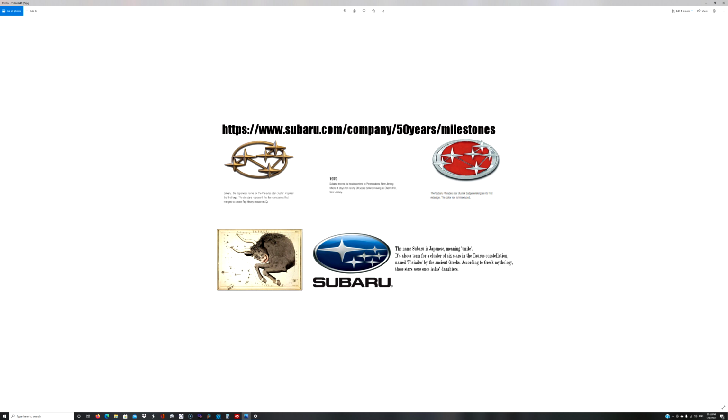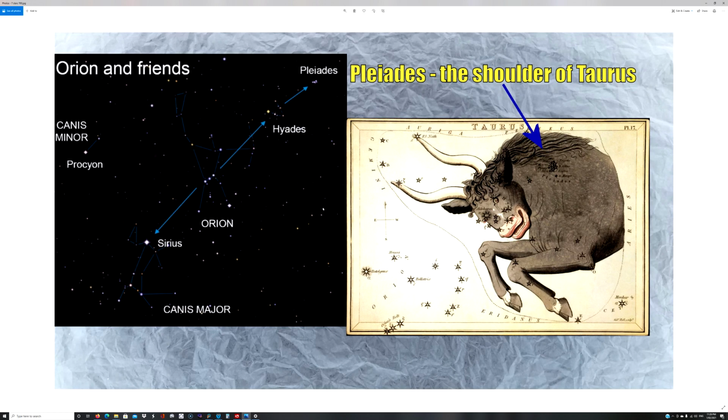The 6 stars represent the companies that merged together to create Fuji Heavy Industries. So even the Subaru symbol, a Japanese term meaning also unite, is the Pleiades in the Taurus cluster. Because they're so bright, just like Sirius and Orion's belt, they're truly international symbols as well.